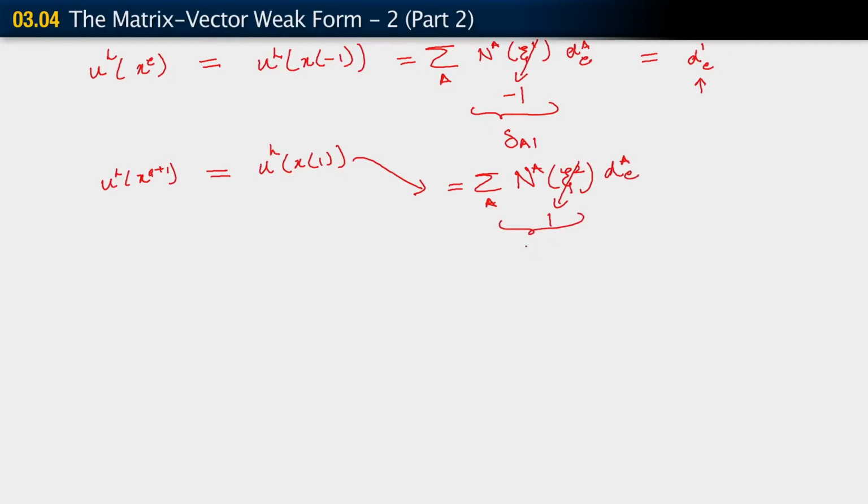But then this again becomes delta_A2 by the Kronecker delta property of the basis functions, and therefore this, when applied to d_A^e, gives us d_2^e. Essentially, the Kronecker delta property ensures for us that the trial solution evaluated at the corresponding node is indeed the degree of freedom value at the node. Stated differently, the nodal degrees of freedom are indeed the trial solutions themselves using these particular basis functions.